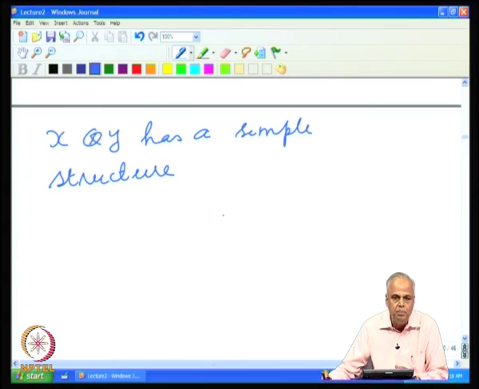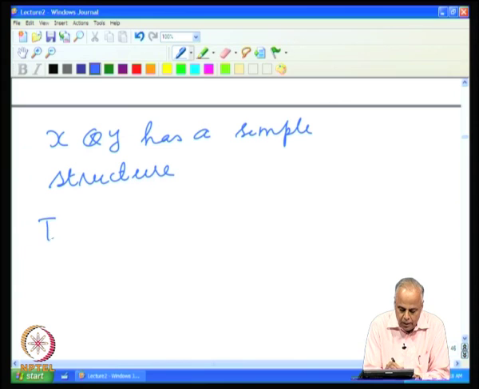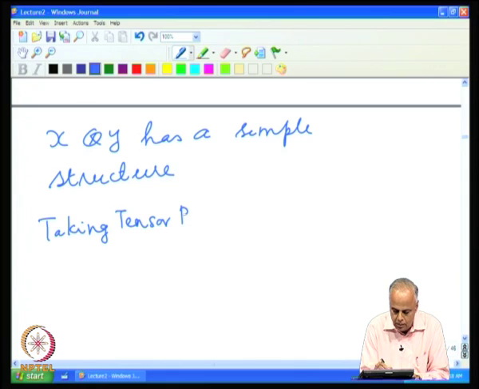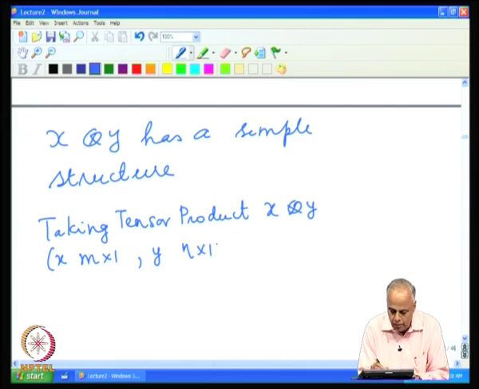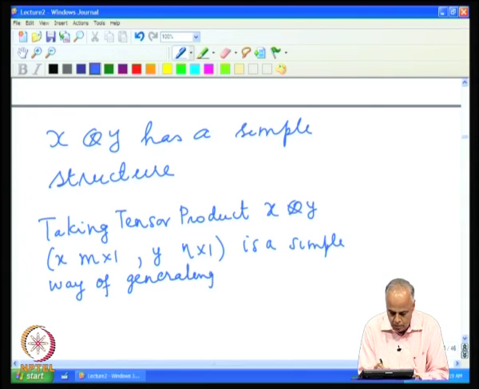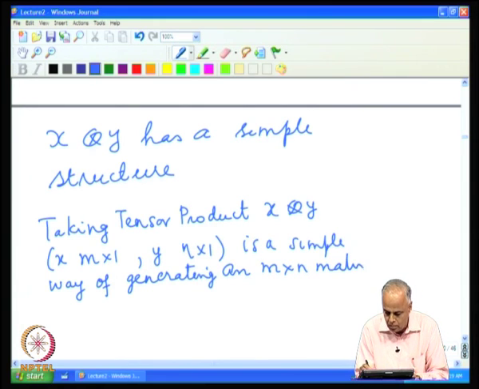So, this is one simple way of generating an m by n matrix. Taking the tensor product x y, where x is m by 1 and y is n by 1, is a simple way of generating an m by n matrix.